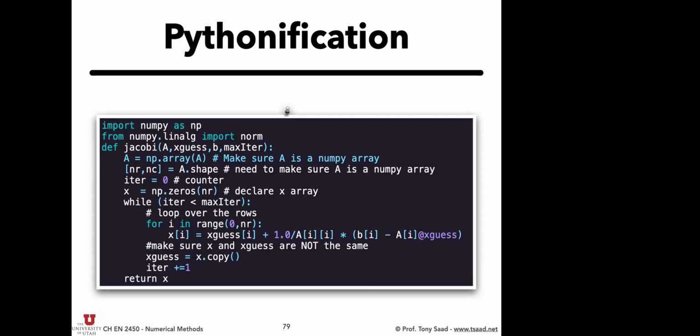I could grab that from the number of entries in xGuess. It's up to you. Then I set an iteration counter to 0. And I initialize my solution array. I call it x. In the notebook I'll share with you, I call it sol, doesn't matter. And I initialize it to zeros. So this is just an empty array full of zeros that I'm going to fill out with a solution.